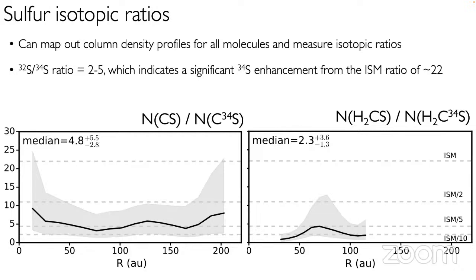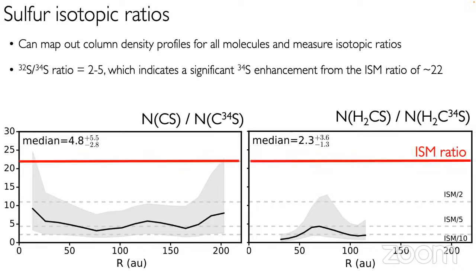You'd expect this just to match the local ISM. But when you do this, the local ISM is here. And in both sets of tracers across the entire disk, you're finding that we have a lot more 34 sulfur than we expect. We're well below in every case. So this is the first time we're actually seeing pretty significant evidence for fractionation, that is enhancement in the 34 isotope relative to the 32 isotope.